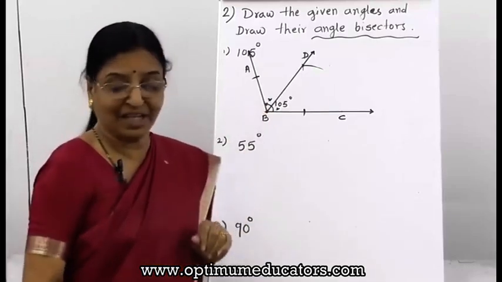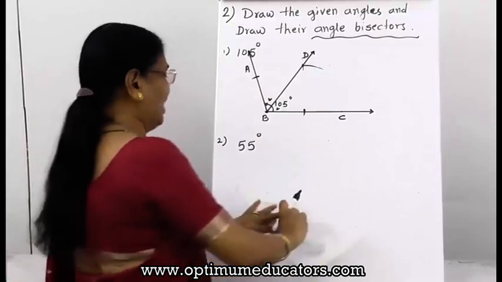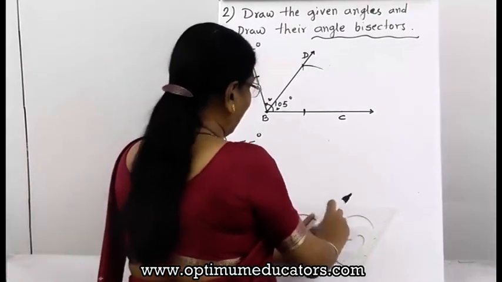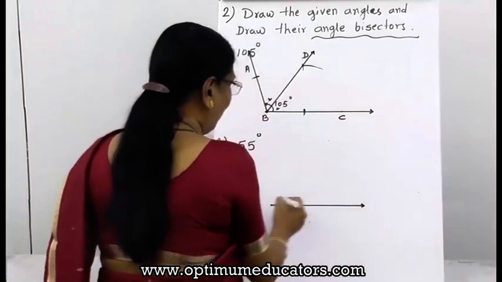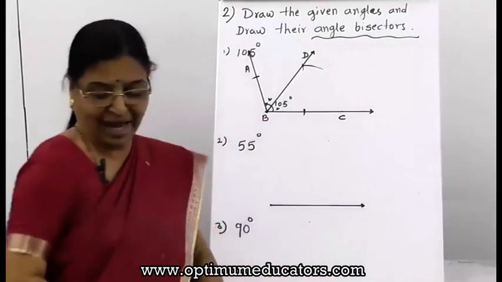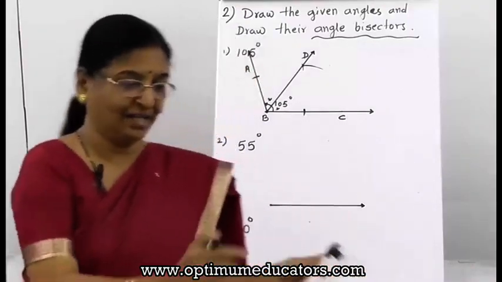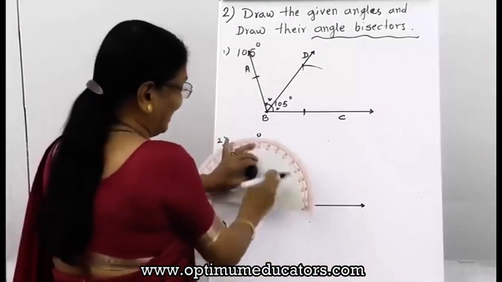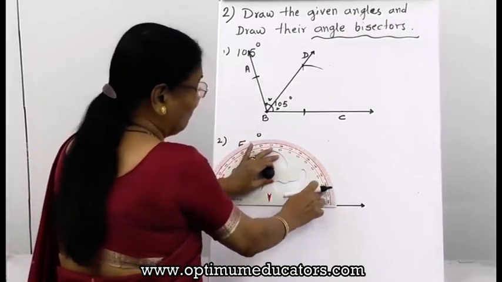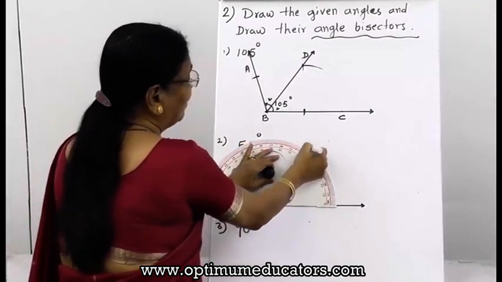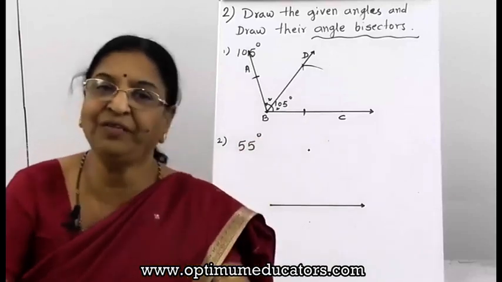Now the second one is an acute angle, 55. I will again draw one ray. Now I want to make an angle of 55 degrees. Same precaution, that is 0 on the line. Then 50 and 5, that is 55.